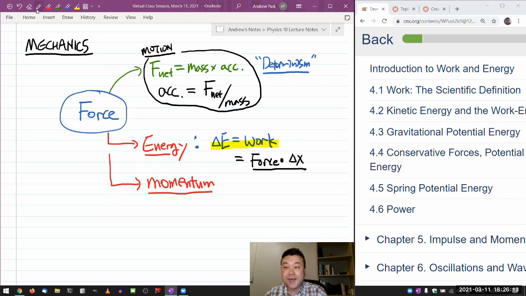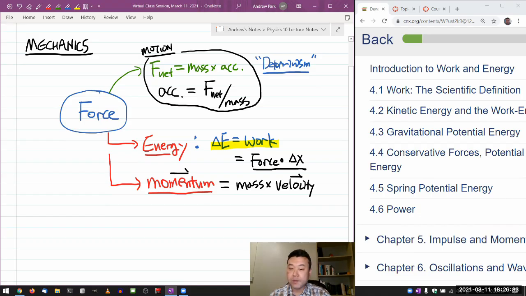So we don't really give a very concrete definition of energy. In contrast to that, we do give a concrete definition of momentum. Momentum is a vector quantity. It has a direction, and it's equal to mass times velocity. That's momentum. It's quite simple. There's nothing more to say about that.